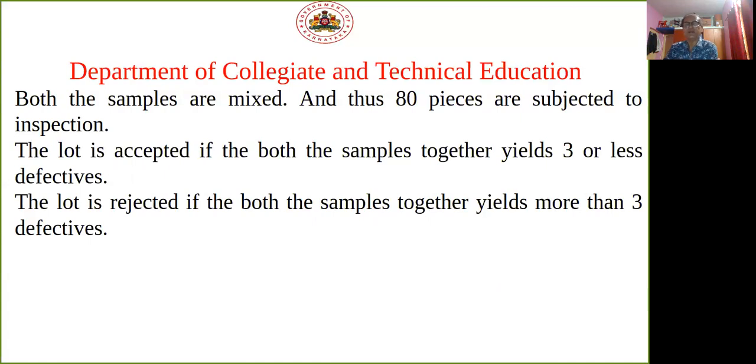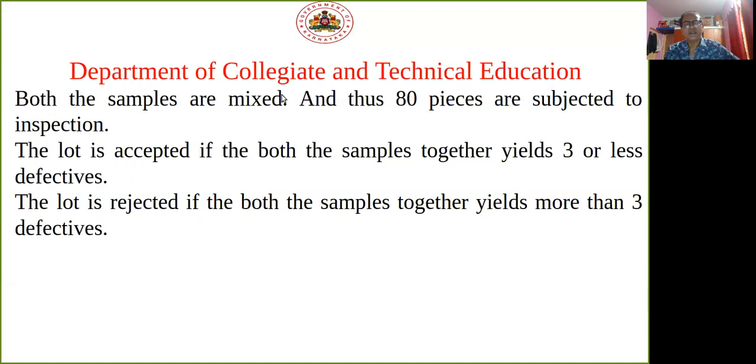So when you inspect these 80 items, because c2 is 3, the lot will be accepted if both the samples together yield 3 or fewer defectives. The lot is rejected if both the samples together yield more than 3 defectives.